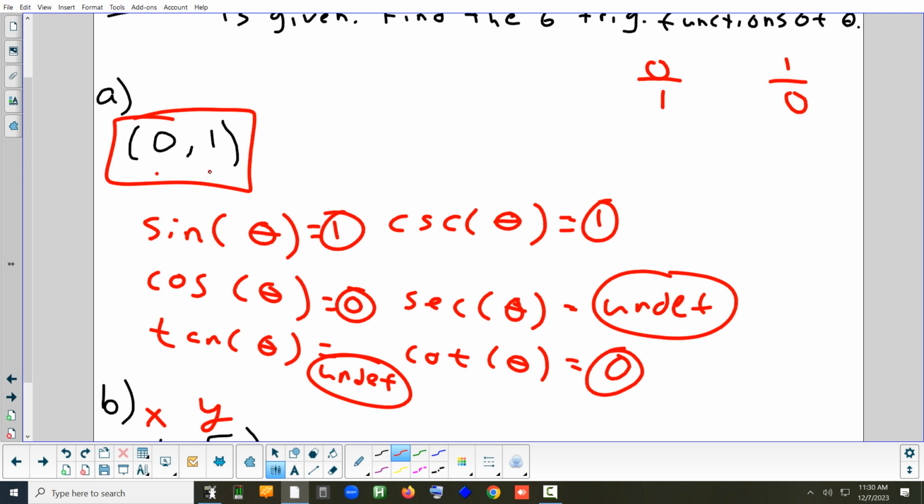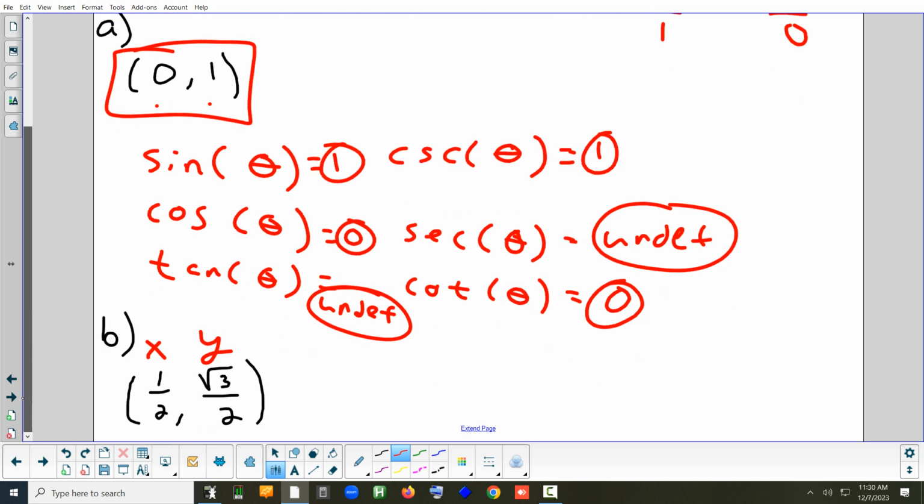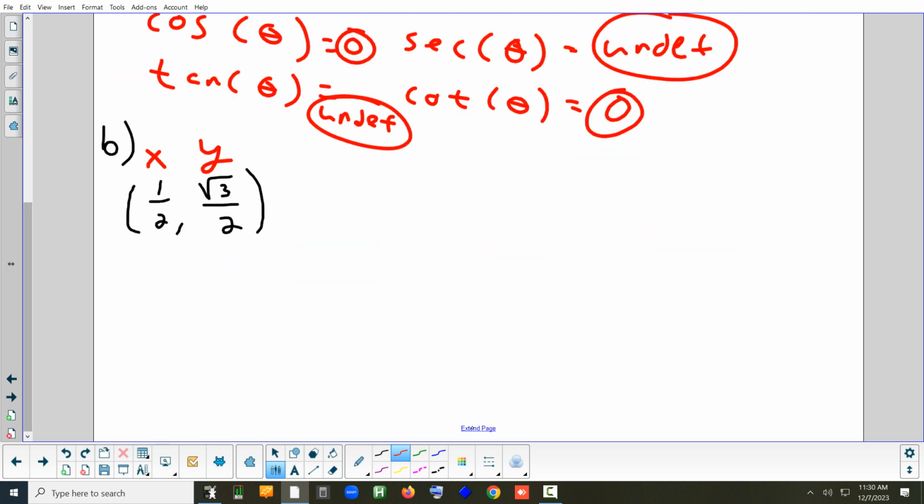If this is a number and that's a number, you'll always get values for all 6. Like in this one. So we talked about it a little bit. But does this look like the coordinate for a quadrantal angle? No, it's not. Quadrantal angle would be a 0 and a 1, or a negative 1. Most coordinates on the unit circle have a square root in them.